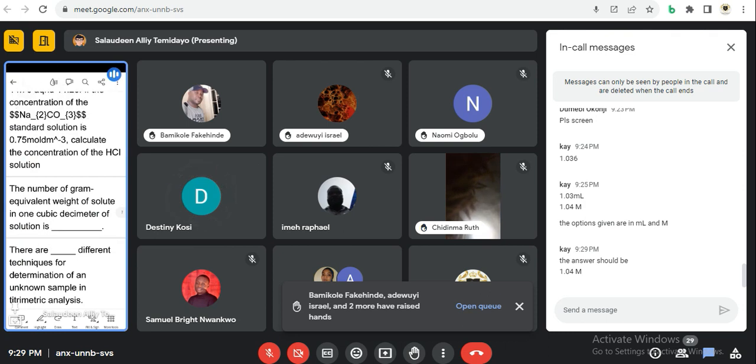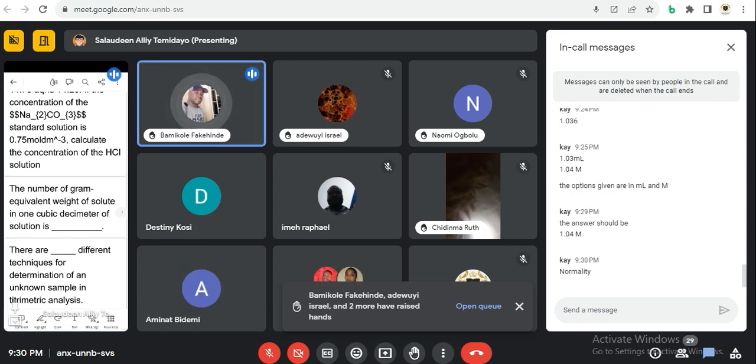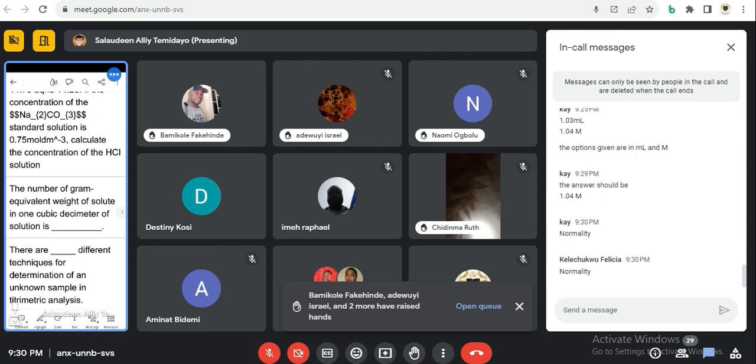The number of gram equivalent weight of solute in 1 cubic decimeter. That means grams per decimeter cube. So what is that thing that will have the unit of grams per decimeter cube? That's normality. Thank you very much.